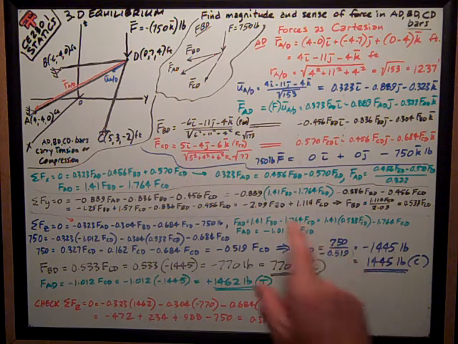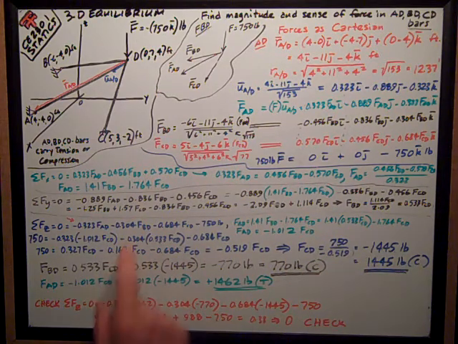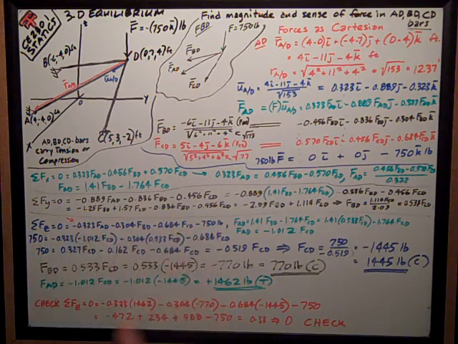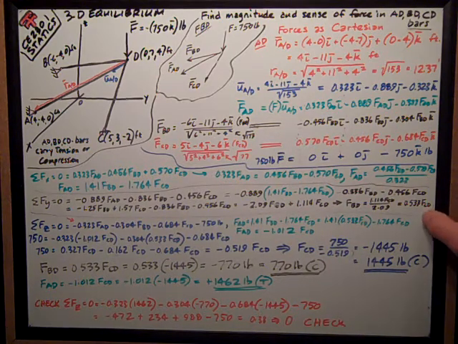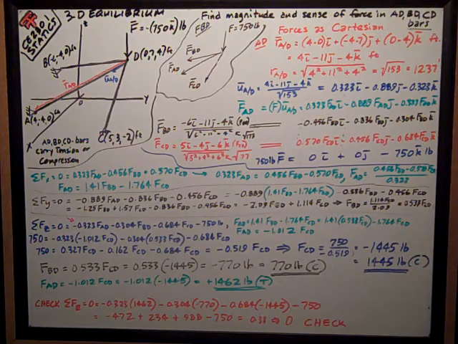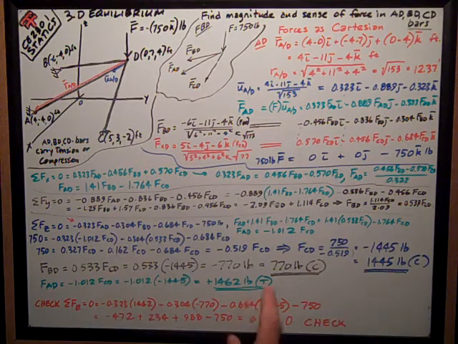Well, I plugged it into this equation, I got my numbers, and I plugged it into this sum of forces in the z direction equation, right there in blue, and I didn't get 0. So, having all this written out, I was able to look back, and it took me 5 minutes, but I backtracked and found that I wrote 553 instead of 533. So then I had to rework several numbers down here in the last part.